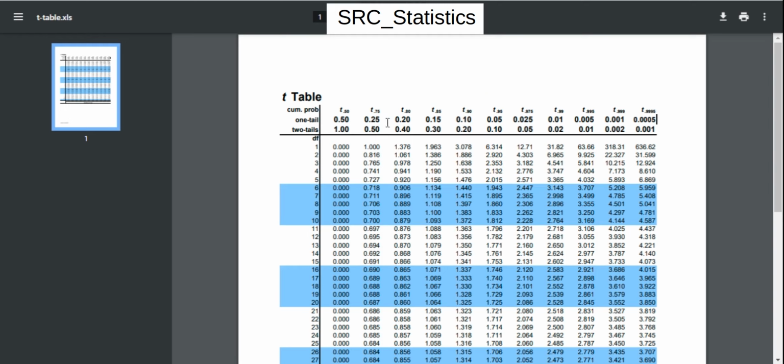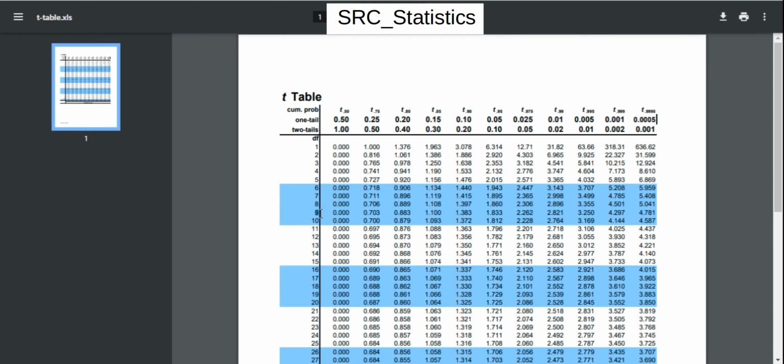Now the test is a one tail, left tail test, and alpha equals 0.01. So see here, one tail, and you find the probability 0.01. Also, from degrees of freedom we find the row for degrees of freedom 9.